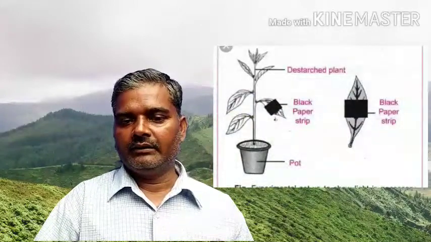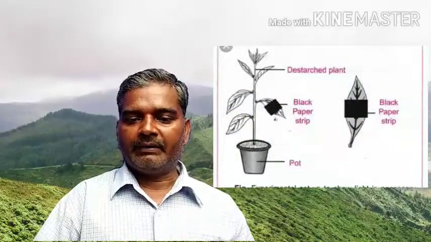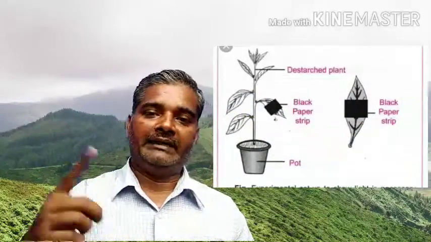Second activity, to show that light is necessary for photosynthesis. In this method, take a green plant with broad leaves and keep it in a dark room for 1 or 2 days to destarch the leaf. Cover part of the leaf with black paper.